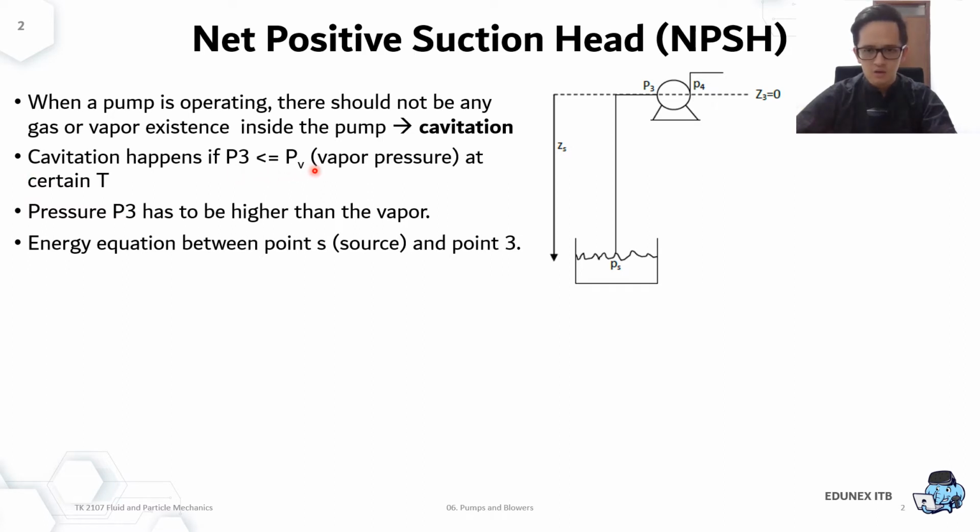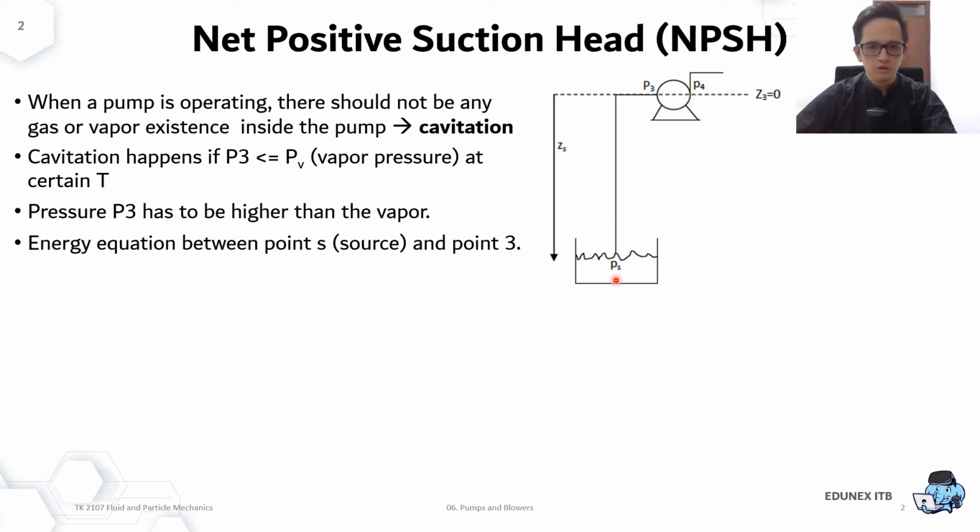So again, be careful. We're talking about P3, the suction point of the pump, not the source point itself. Because of the difference in terms of the elevation or the friction loss between the source point to the suction point of the pump, it could cause some vaporization.